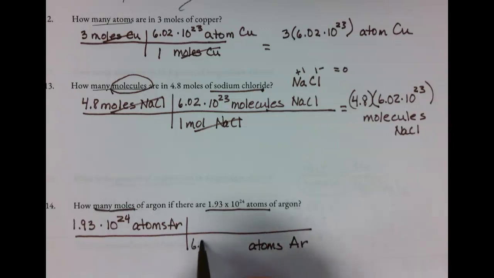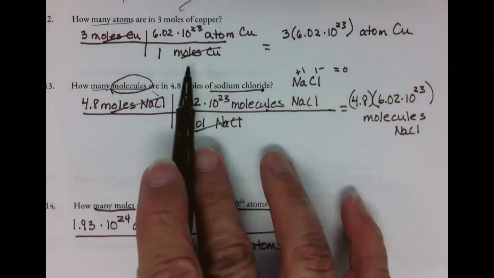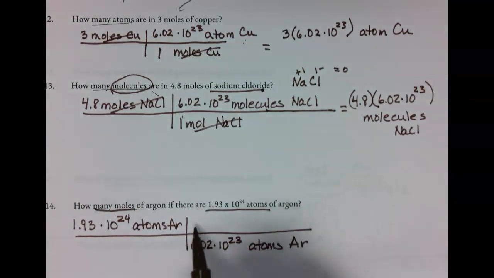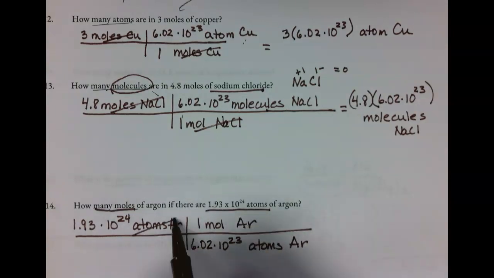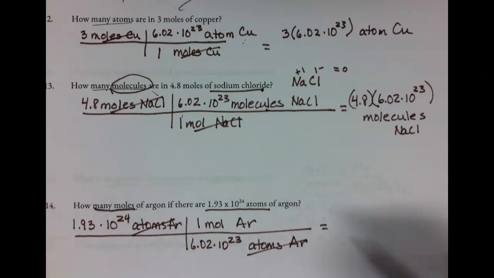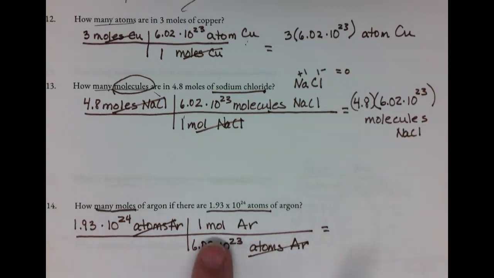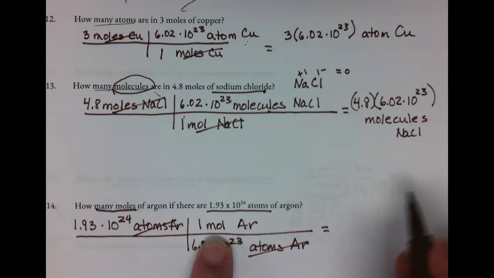And remember, there's 6.02 times 10 to the 23 atoms. See, look up here on this problem, we put it here, the atoms. The 1 mole of argon goes in the numerator this time, so that when we cancel our atoms, what's left over is moles of argon.